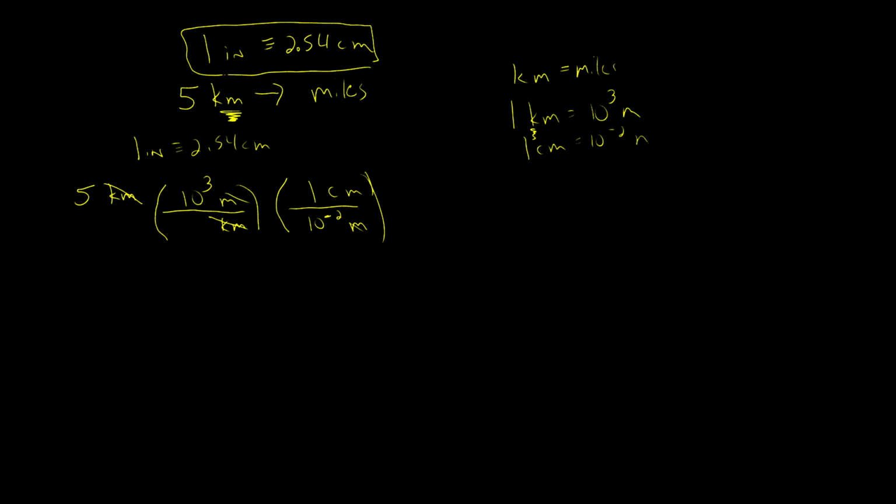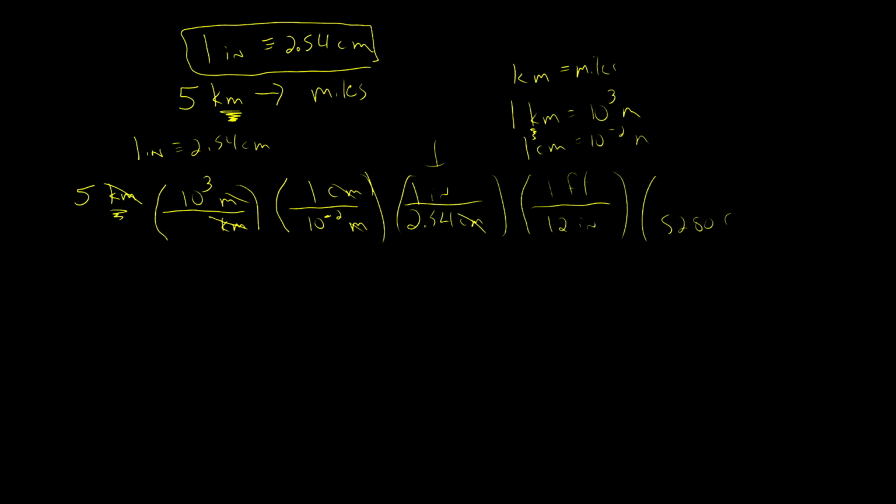And now I can use this. I can turn this into my fraction. So I have 1 inch is equal to 2.54 centimeters, and I've used this to switch from metric to the English system. Now I need 12 inches in 1 foot, 5,280 feet in 1 mile.